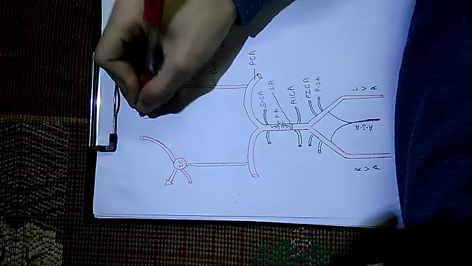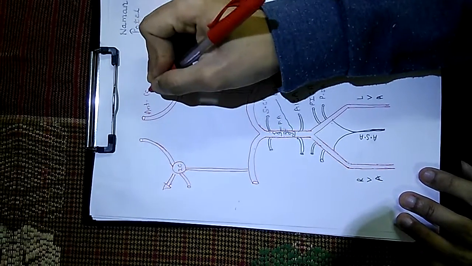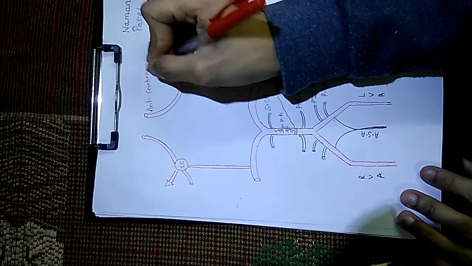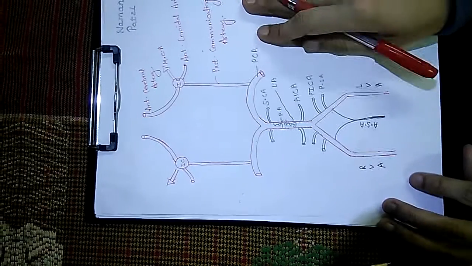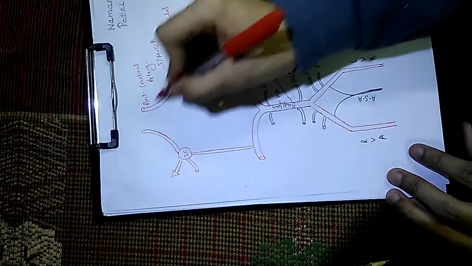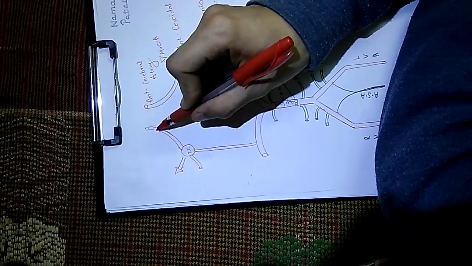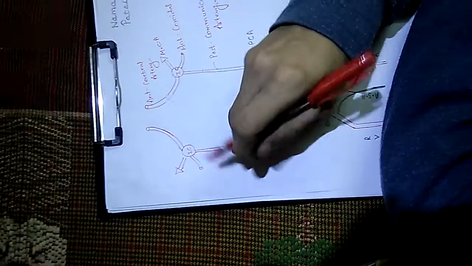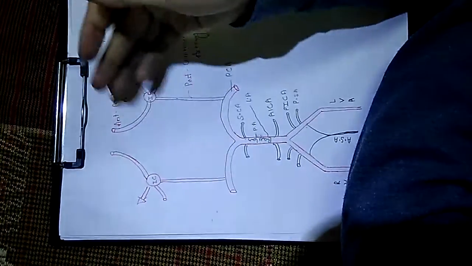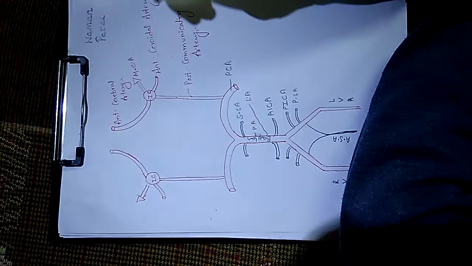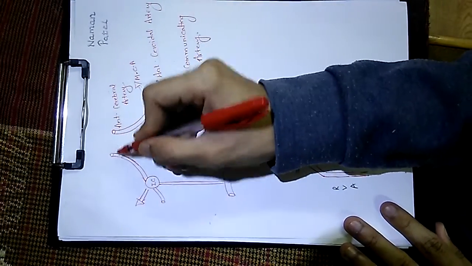Now this is the anterior cerebral artery, right? Now these two arteries want to connect with each other. These two arteries want to communicate. These are actually friends and they want to communicate. How will they communicate? The answer lies just here.